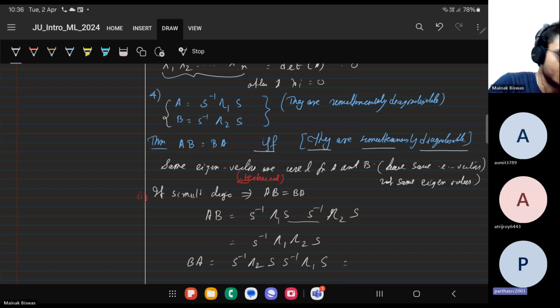Otrich, clear? Yes. So this is equal to S inverse lambda 2 lambda 1 S.